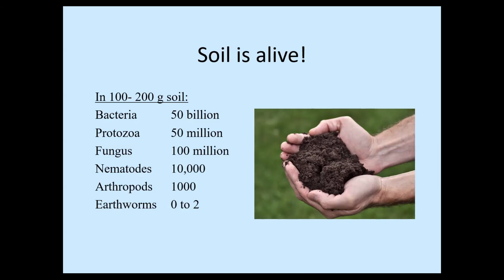There might be 1,000 arthropods, and we'll talk more about what those are, and maybe 1 or 2 earthworms. A lot of these things you won't be able to see, but today I'll talk about some of the ones that you can see, because these might be indicators of the rest. We can't always see the bacteria and fungi or the nematodes, but we might get an indicator of what's going on by what you can see on the soil surface.